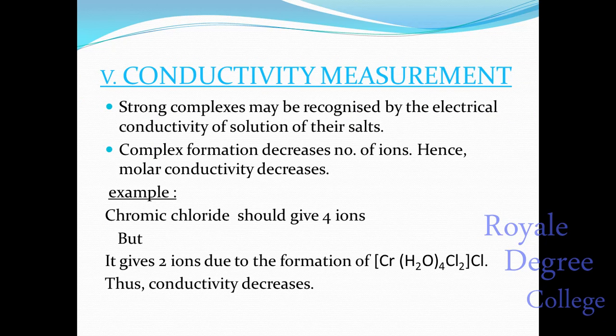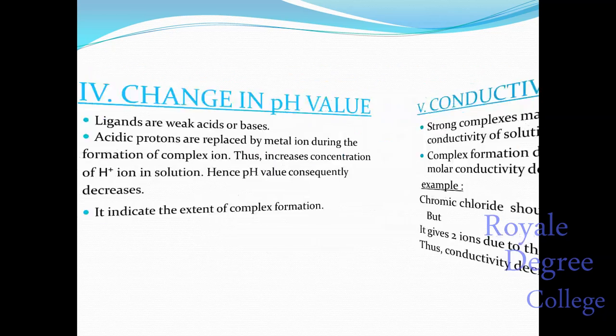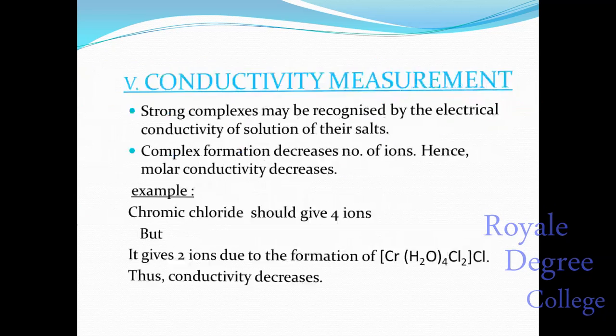Now, conductivity measurement. Strong complexes may be recognized by the electrical conductivity of solutions of their salts. Complex formation decreases the number of ions. Hence, molar conductivity also decreases. Example we are seeing here: chromic chloride should give 4 ions, but it gives 2 ions.